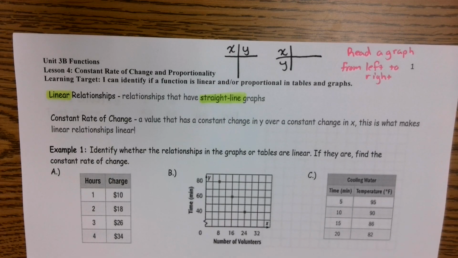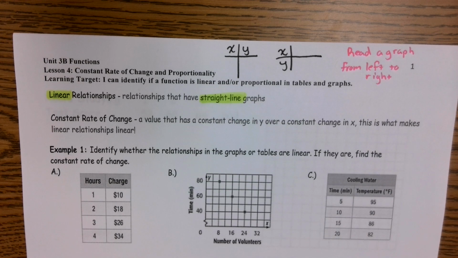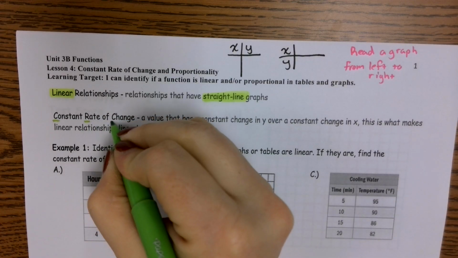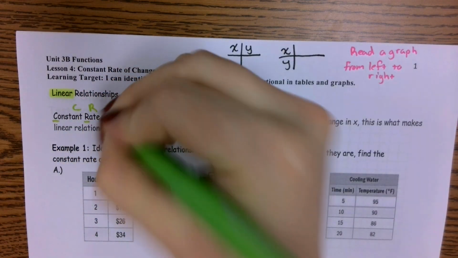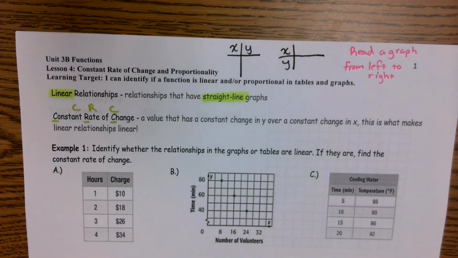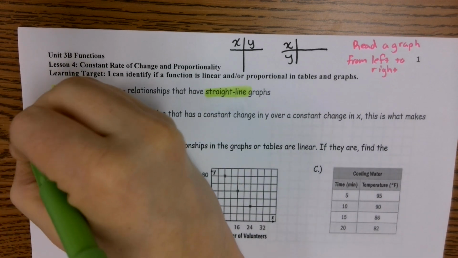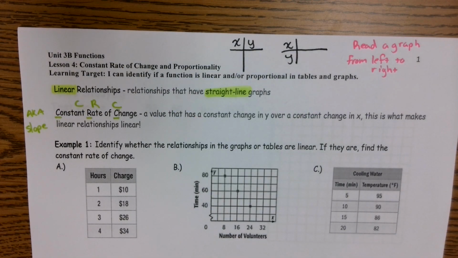Don't need the distraction. Okay, when we talk about a constant rate of change, from now on I'm going to go ahead and call that CRC. It makes it a lot easier for us. And this is also known as the slope. Constant rate of change is also called your slope for a piece of a graph or from a table.